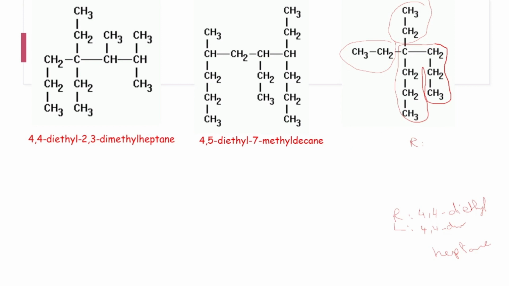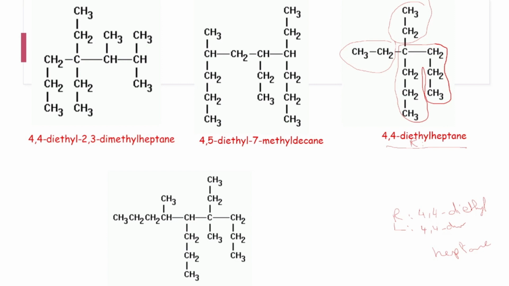In this compound you can start numbering from either side, because the substituents are located at the carbon exactly in the middle of the longest carbon chain. So the correct name will be 4,4-diethyl heptane, and remember to put commas between numbers and hyphens between a number and a letter.